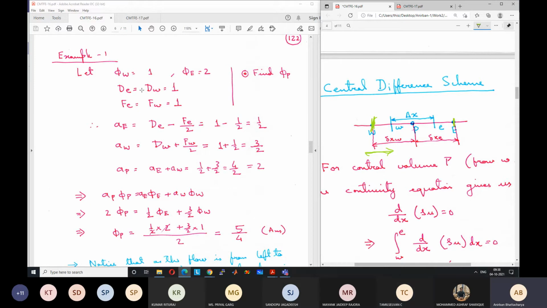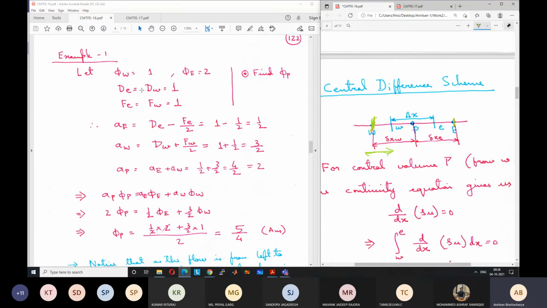Why west to east? Sir, it is also like that advective strength. No, I am asking about the diffusive strength. Diffusive strength is from west to east or east to west? Sir, both. Both directions, right?